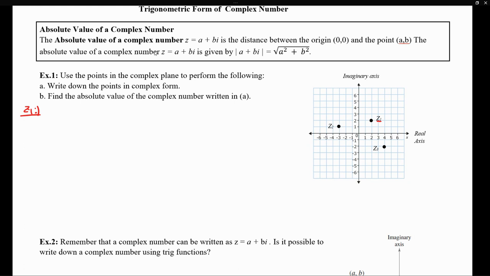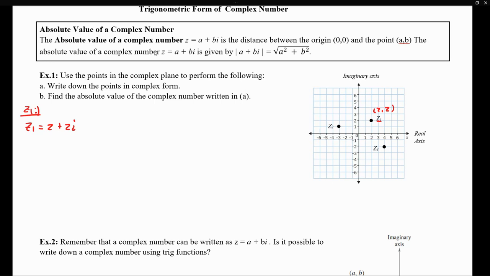Well, notice that this point has 2 units on the positive real axis and 2 units on the positive y-axis. So therefore, this number, z1, can be defined as 2 on the real and 2 on the imaginary. Can we find the absolute value of this complex number?